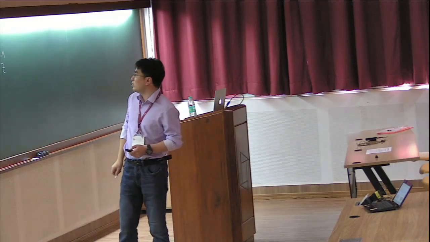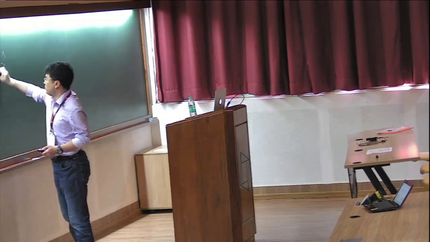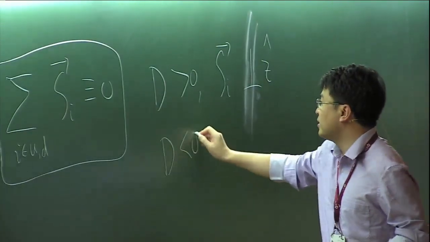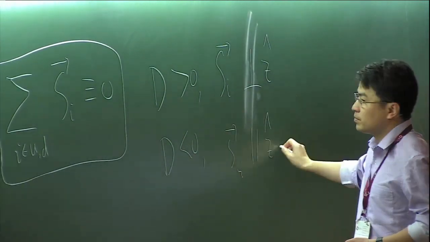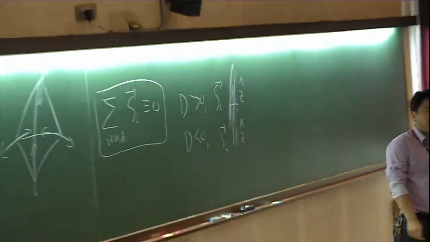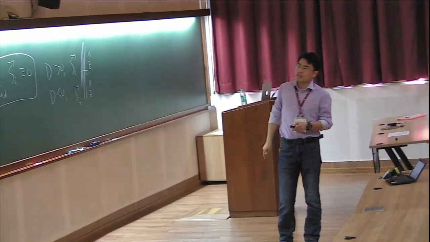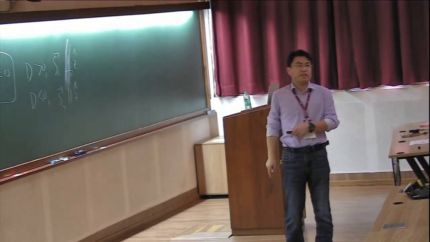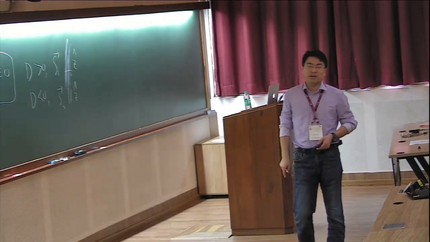If D is less than 0, we favor the spin to be parallel. It turns out that for either sign of the single ion anisotropy, this condition and this condition can both be optimized.